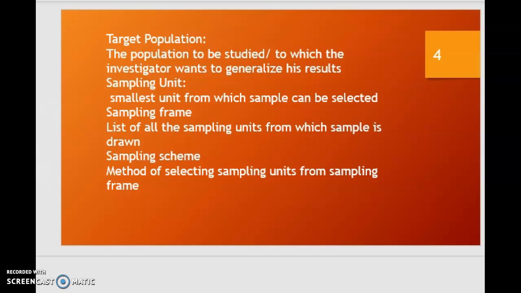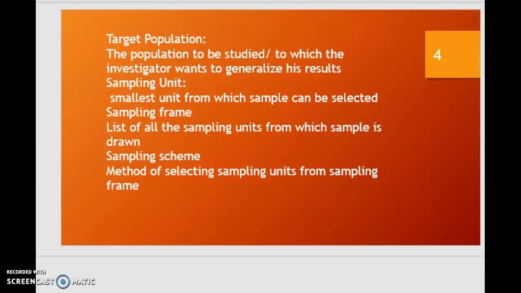And in some instances, even HBCUs or smaller universities have student populations that are quite large, let's say 3 or 4 thousand students. It may be difficult or nearly impossible to collect data from all of the students.